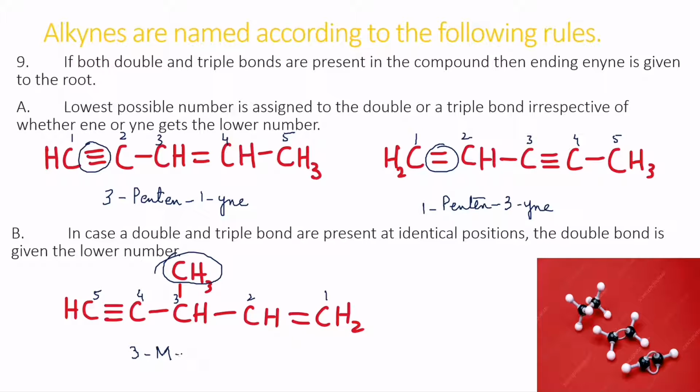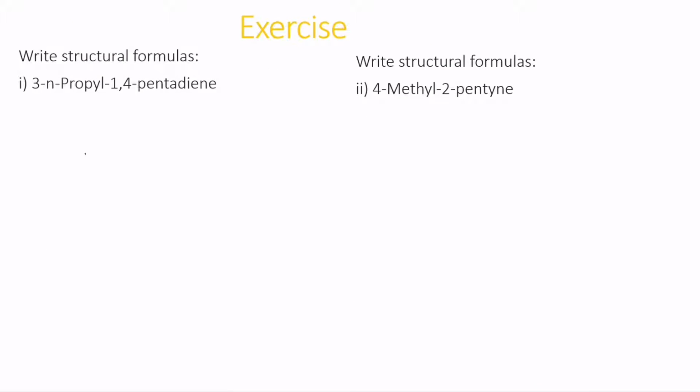We'll mention the substituent first, which is 3-methyl, and then it's 1-pentene-4-yne. I hope the nomenclature of alkenes and alkynes is clear to you, and now it's the practice time.